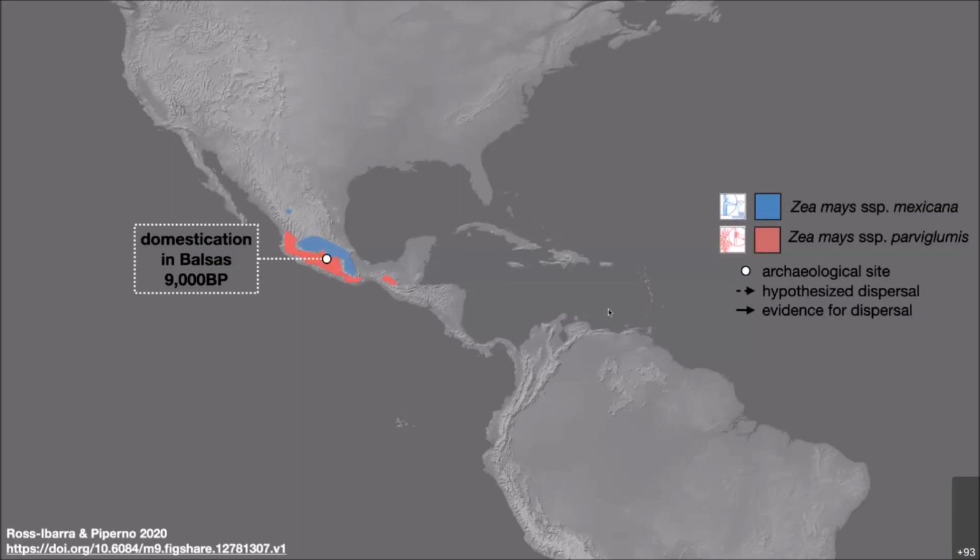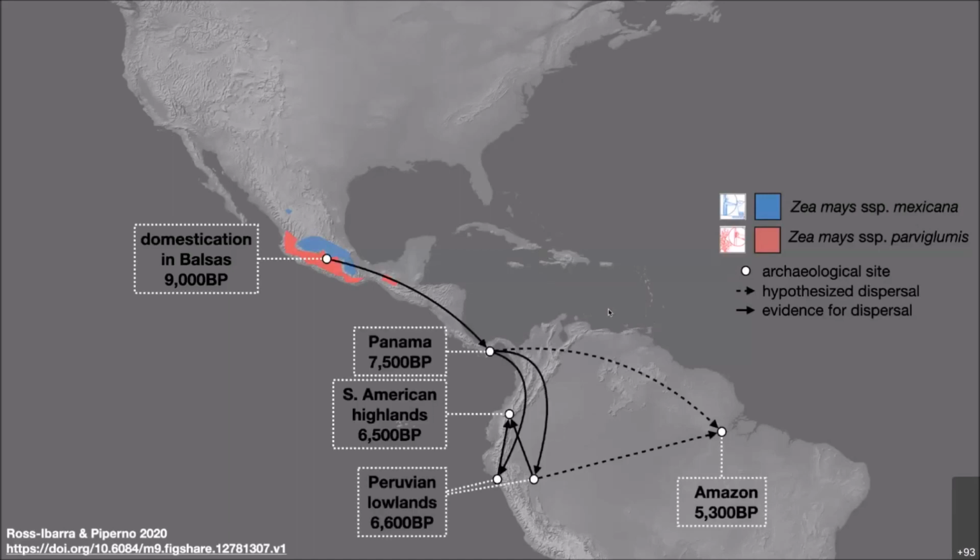Then it relatively rapidly spread through the lowlands of Central America to South America, where it's found as early as 7,500 years ago in Panama, and the Peruvian lowlands 6,600 years ago, and then spread to the Andean highlands relatively quickly.